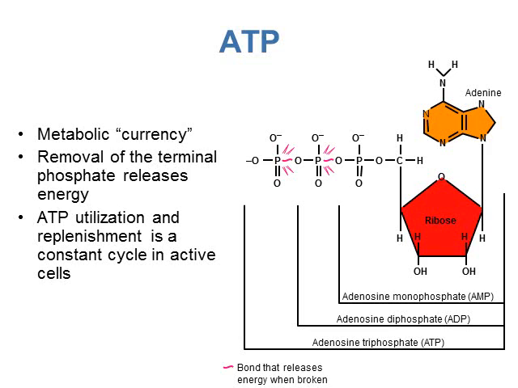So this ATP is utilized and replenished in a constant cycle. We're constantly taking these phosphates off to release energy, and then we put phosphates on to store energy. So ATP is constantly being created and destroyed, and it's just used to exchange energy from one form to another.